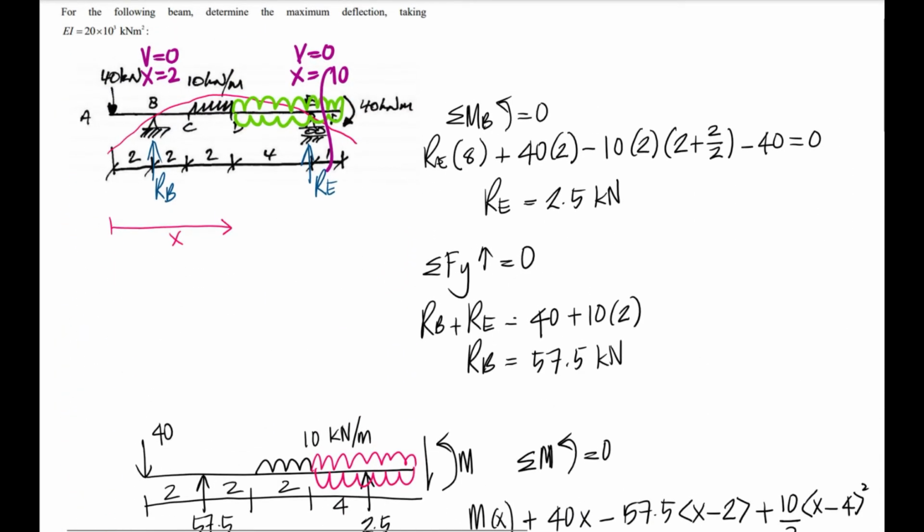Okay, back to the problem, we are interested in finding the maximum deflection. So we examine based on the elastic curve.